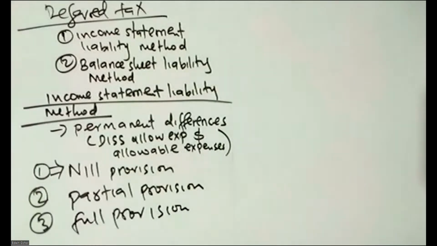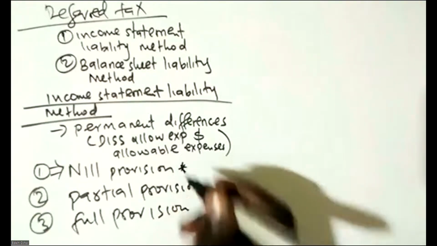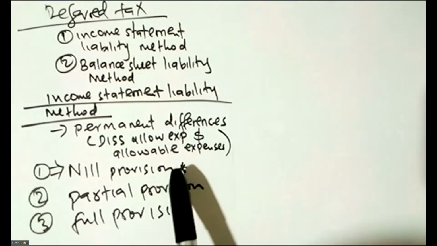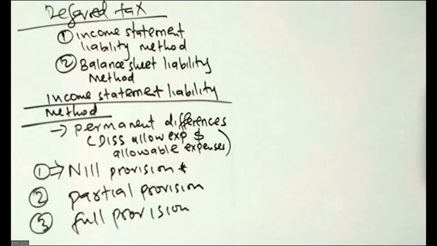For the nil provision method, it makes provision only for the computation of income taxes. There are no provisions for deferred taxes. Nil provision makes provisions for current taxes only. That is why it can never be recommended here.